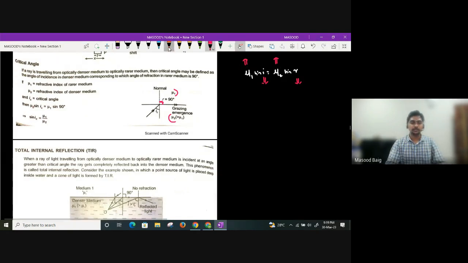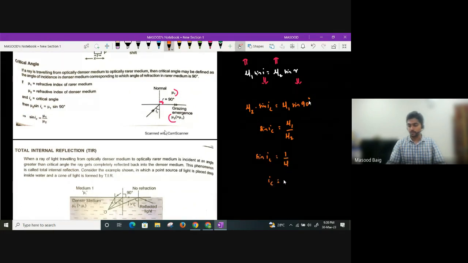So please tell me, in this case, what will Snell's law be? Can I write it as mu2 into sine of critical angle will be equal to mu1 into sine of what is the r value here? 90 degrees. So what is sine i_c value going to be? It will be mu1 divided by mu2. So if I say mu1 is 1, then I'll write it as 1 by mu.